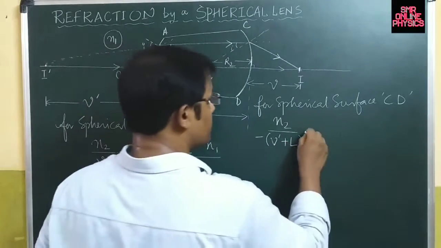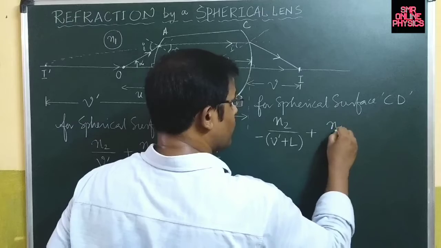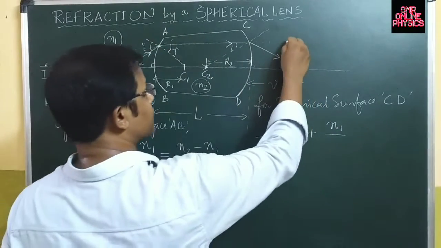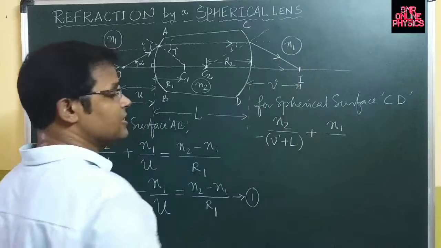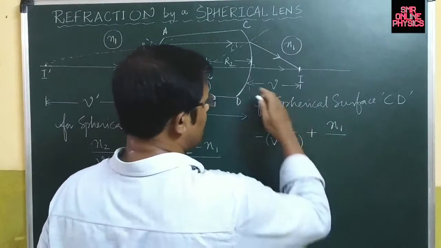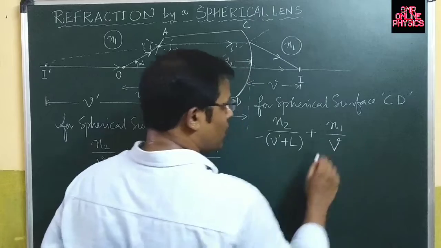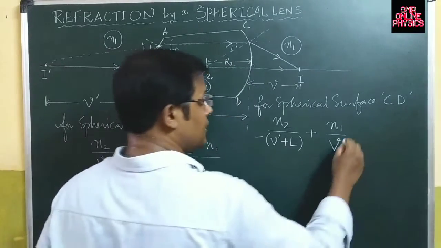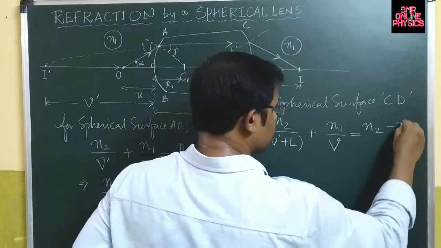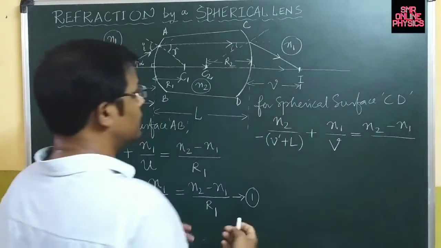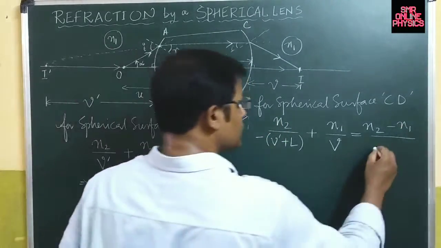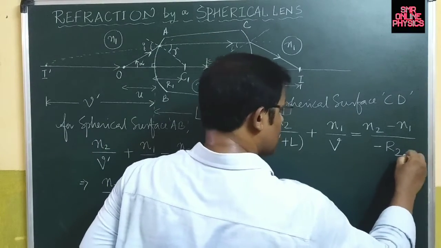Plus here we have N1, this refractive index being exactly the same as the first medium, so not to complicate the matters, let us take it as N1. So if I have N1 here and it's on the right hand side, N1 by V, that's the case, equals N2 being a greater value, N2 minus N1 by, what would be the sign convention for R2? To the left of the optical center, so it should be minus R2.